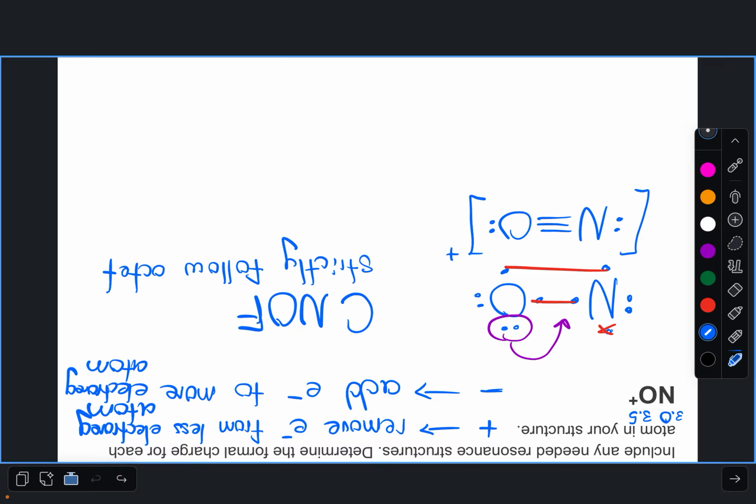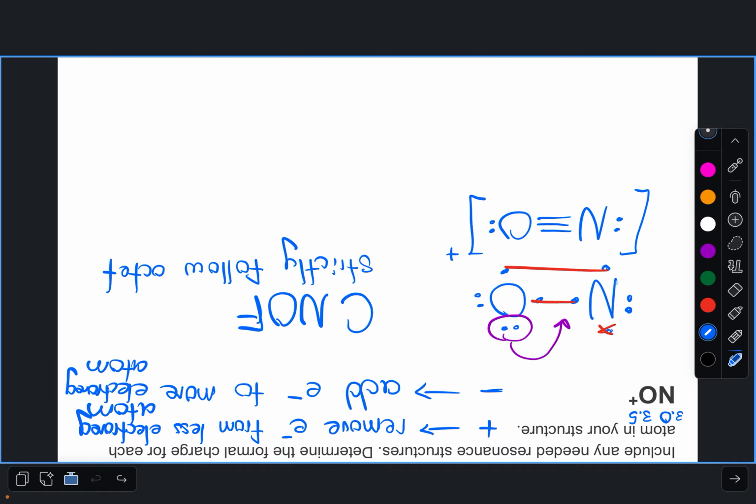Nitrogen works out well, but oxygen ends up with only 1 lone pair and 3 bonds now instead of 2 and 2. That's okay, it's a guideline, but we end up not following it because we need to follow the octet rule.